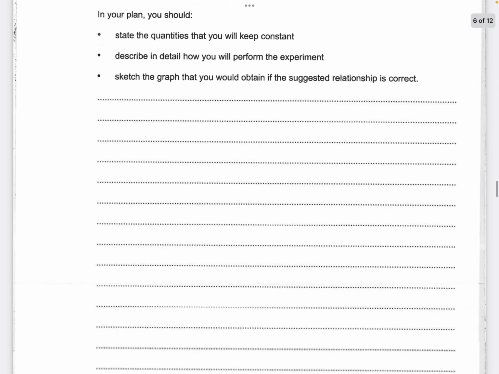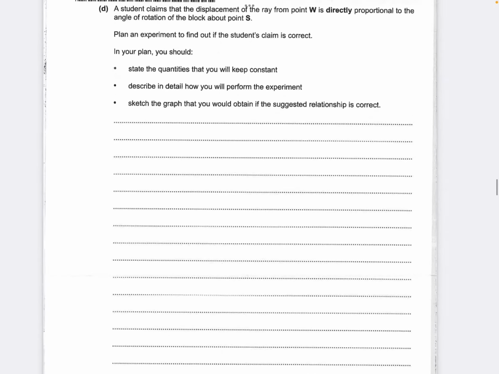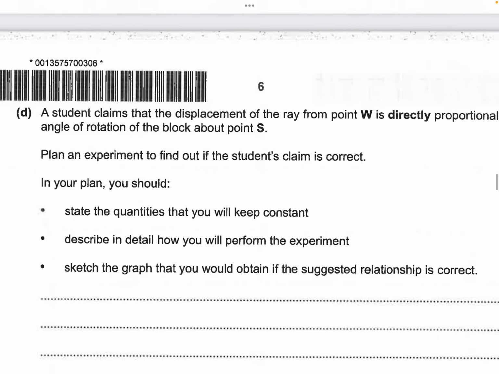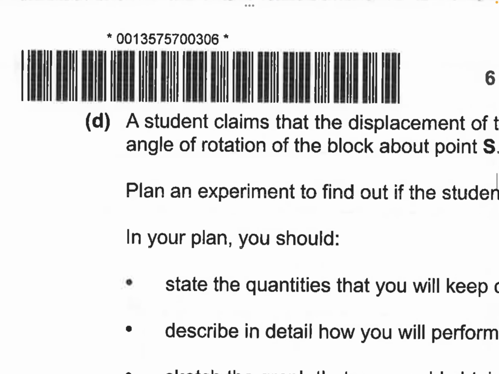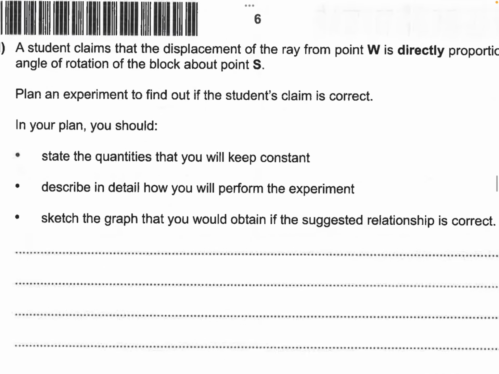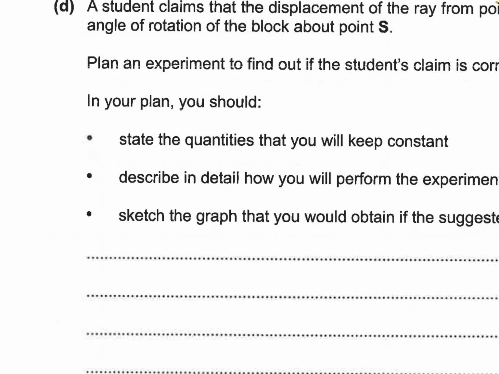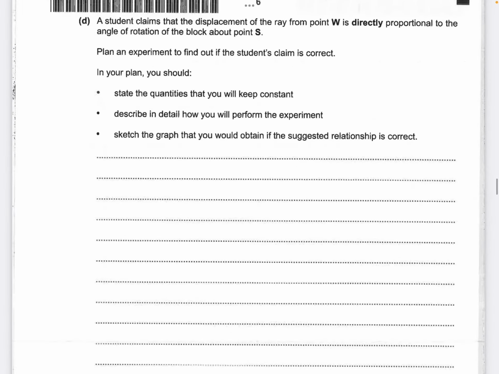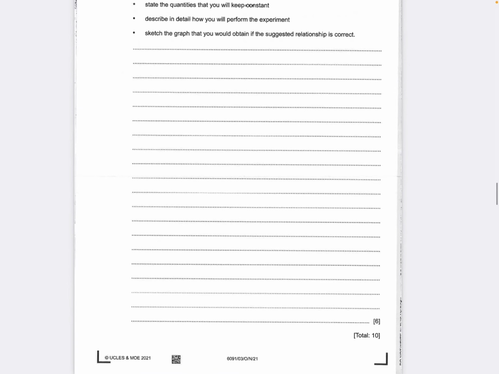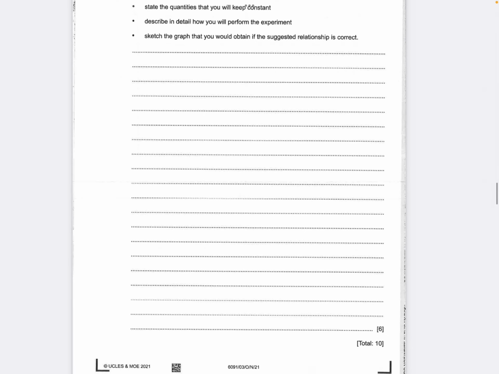So question 2, if you scroll down, you can see this huge scary blank. This is your planning question. A student claims blah blah blah, plan an experiment, and in your plan you should include this. But look at this, they give you 3 bullet points to include. They give you almost a page of blank lines to fill.